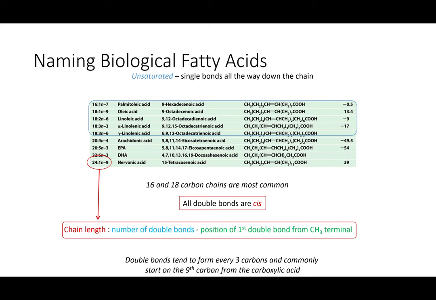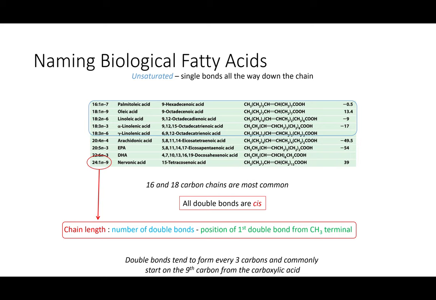The carboxylic acid counts as carbon number 1, and then 15 more carbons. This will always be the case if it's a saturated fatty acid. It'll be a number, almost always an even number because of the way these things are made. And if the second number is a 0, that means it's saturated. There are no double bonds.